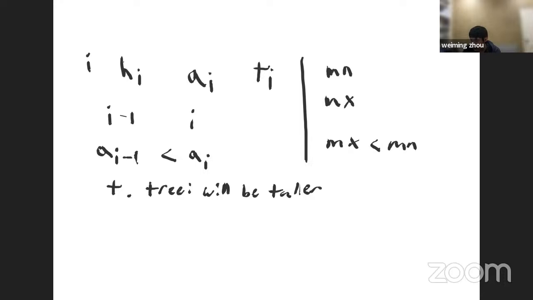And what this means is that the moment tree i grows taller than tree i minus 1, after that it's impossible for us to have all the trees sorted in decreasing order, since h of i minus 1 will have to be less than h of i, but we need h of i minus 1 to be greater than h of i.